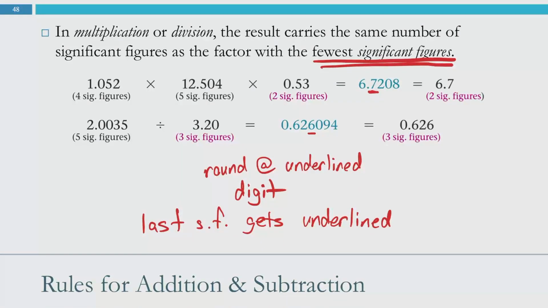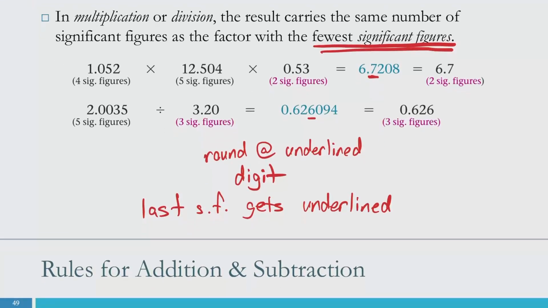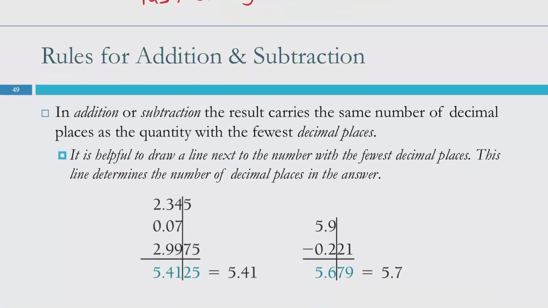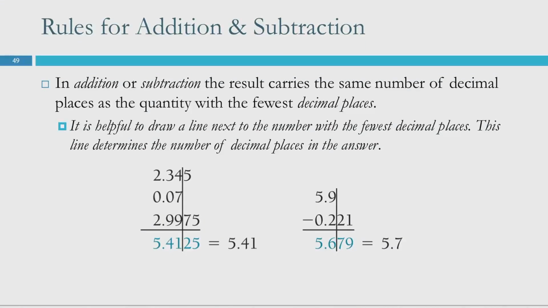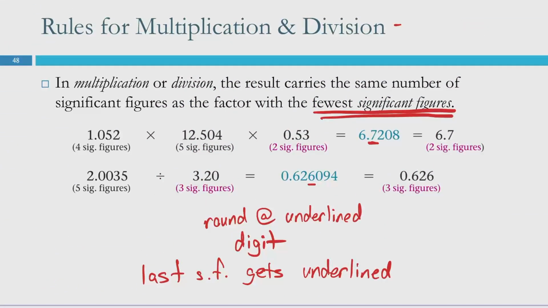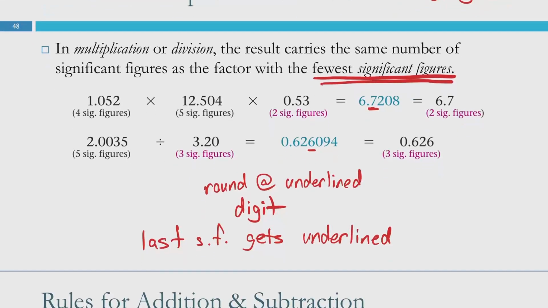So that's for multiplication and division. We've also got rules for addition and subtraction. In addition and subtraction, we care about decimal places. Let me go back and write sig figs. So for multiplication and division, we care about number of significant figures.